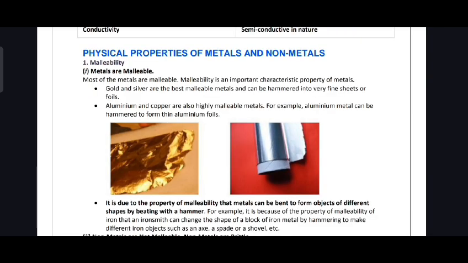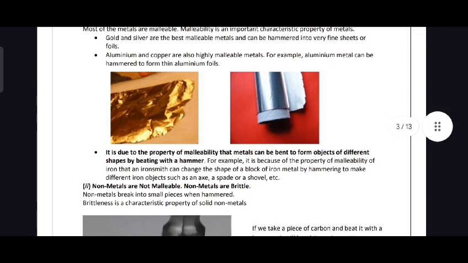Now let us discuss the physical properties of metals and non-metals. Number 1 is malleability. In the picture you can see thin sheets of metals. If you hammer the metals, they will be drawn into thin sheets. This property of metals is called malleability.